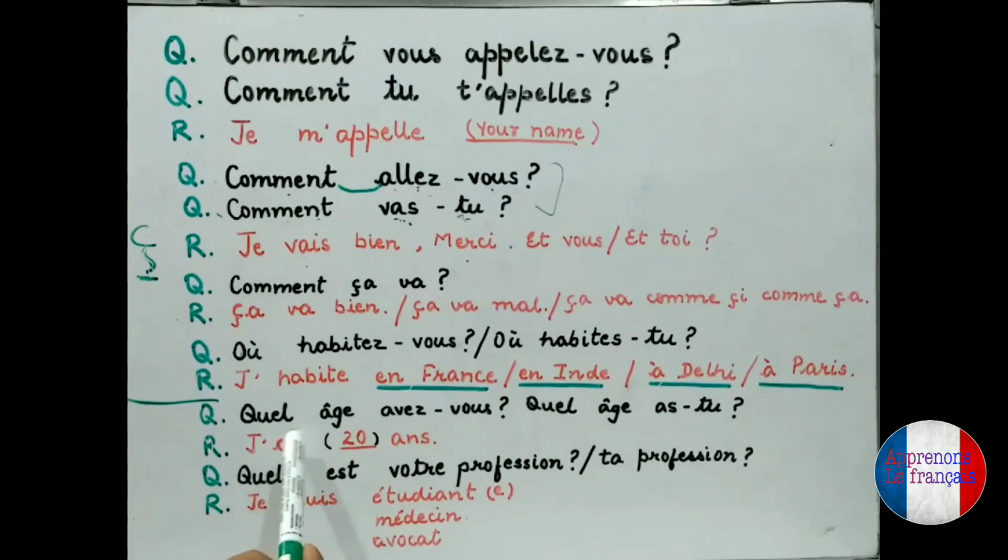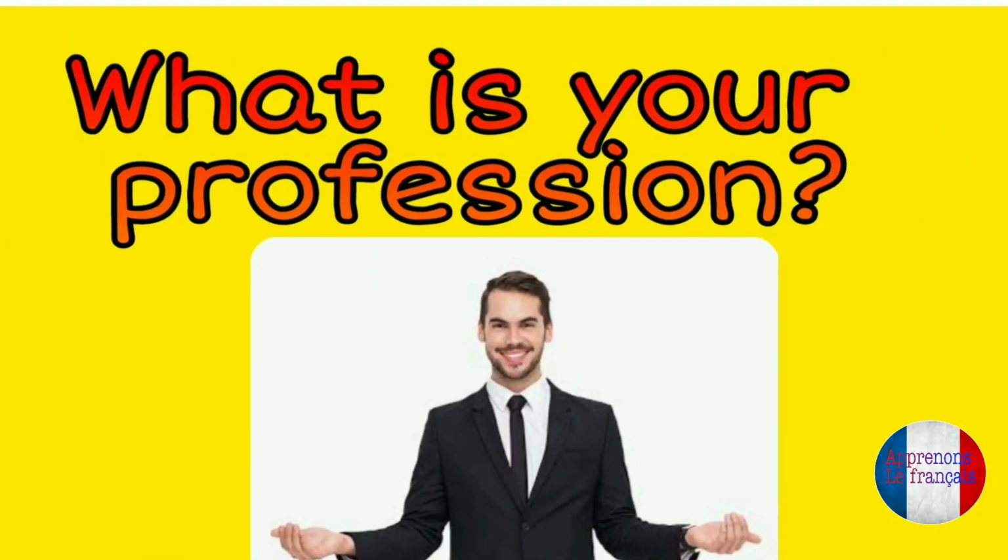That means, I have. For example, here I have written 20, so it is j'ai 20 ans. 20 in French is vingt. So j'ai 20 ans, that means I have 20 years. For telling the age, we use the verb avoir here in French. So it is I have 20 years in my age, you can say.